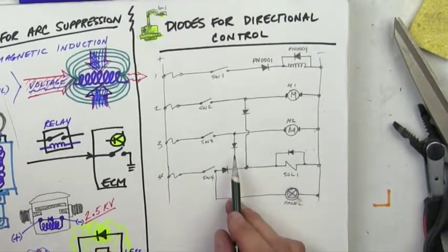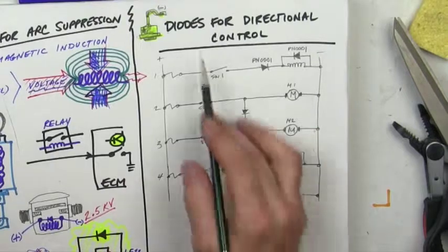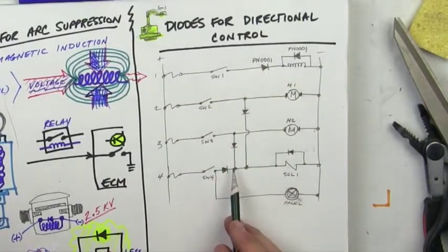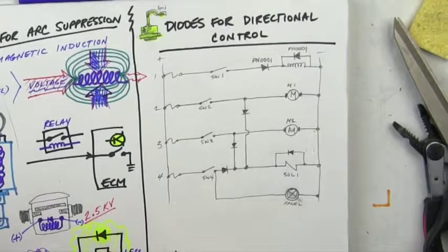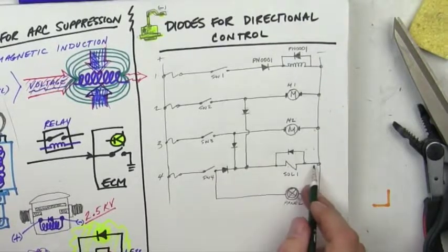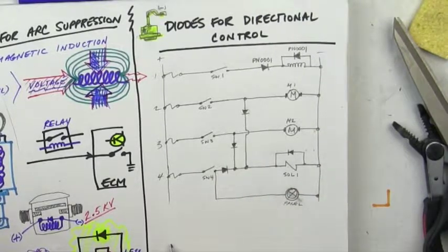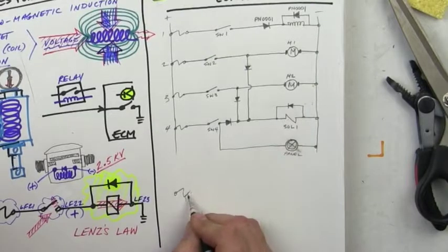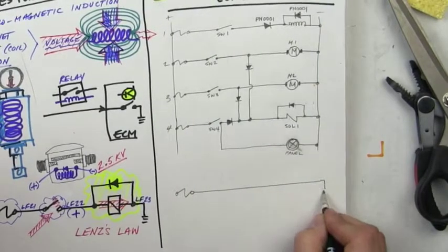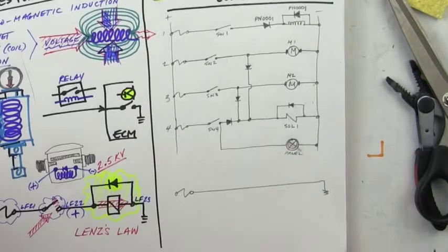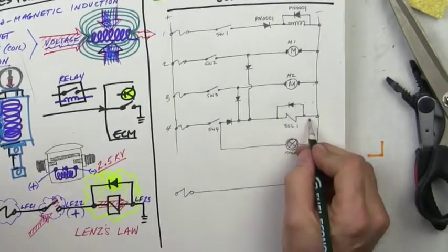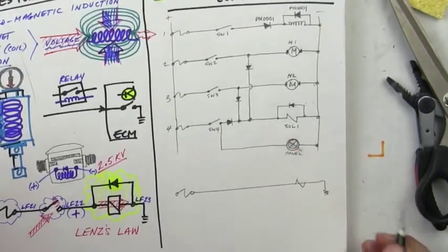Okay, so for directional control, the key is that when you redraw the circuit, the question becomes, and I'll redraw this one first because it's my quick and dirty. So it's that. Remember, that's 50% correct. I'm going to put the solenoid in. It's pretty close to the ground, so I'll just put the solenoid in.